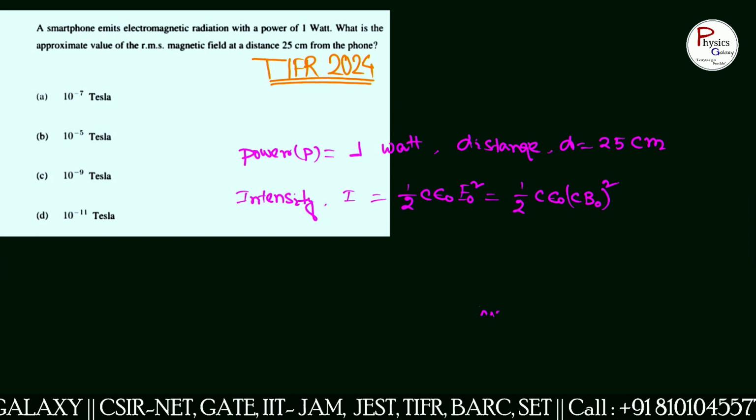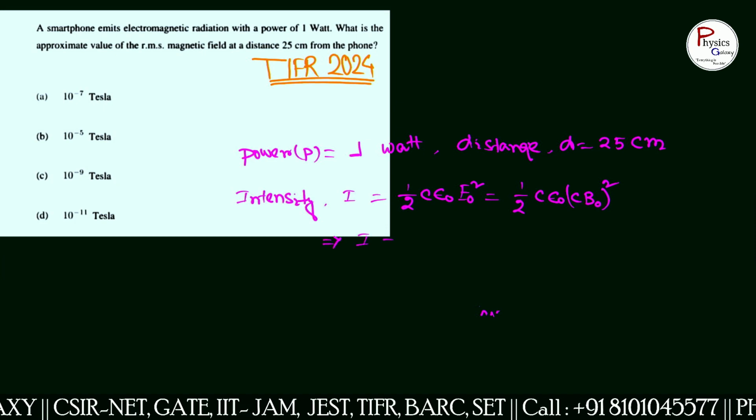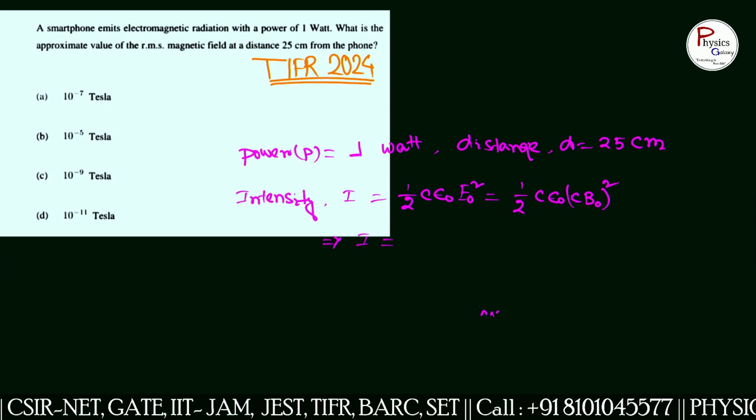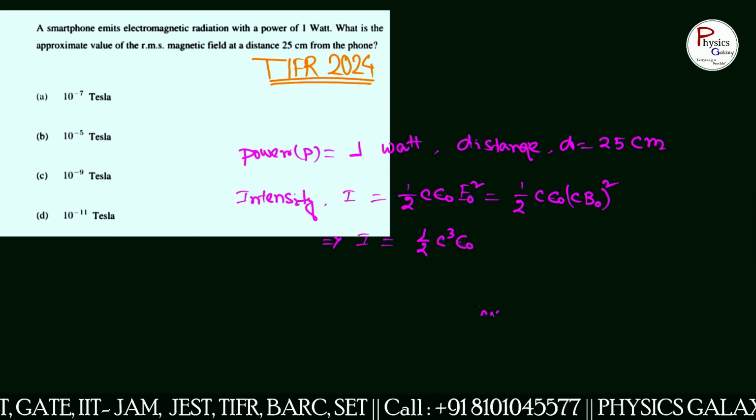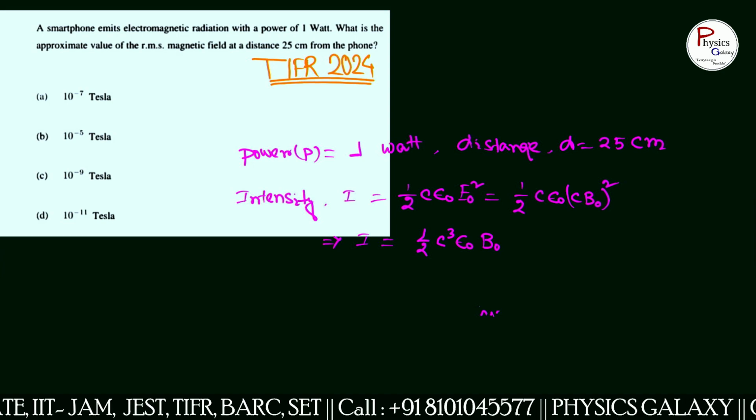Next we get that I equals half of C cube epsilon 0 B0 square.